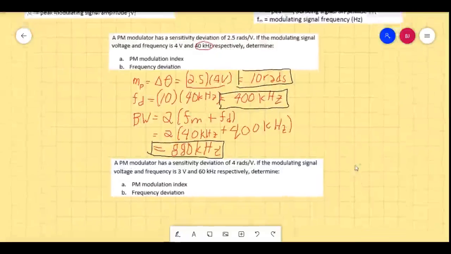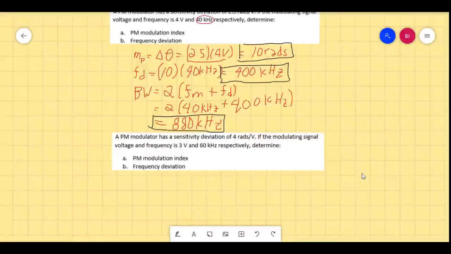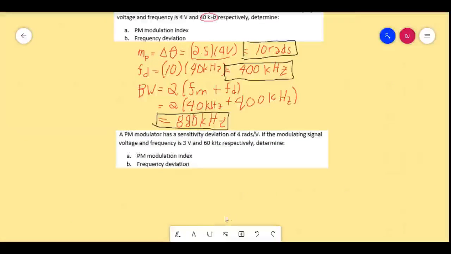The second example is technically the same, only with different given. So we get our modulation index, also known as our phase modulation, denoted by delta theta here. In this case, the K1 is 4 rads per volt.